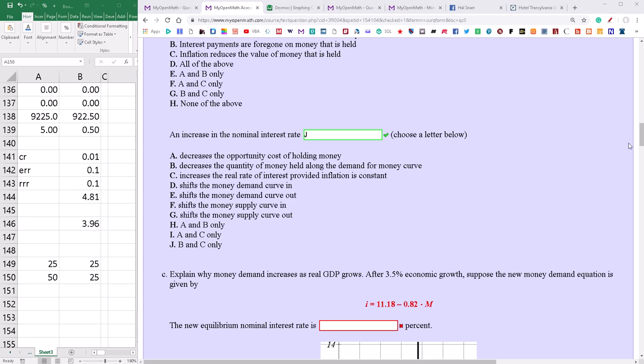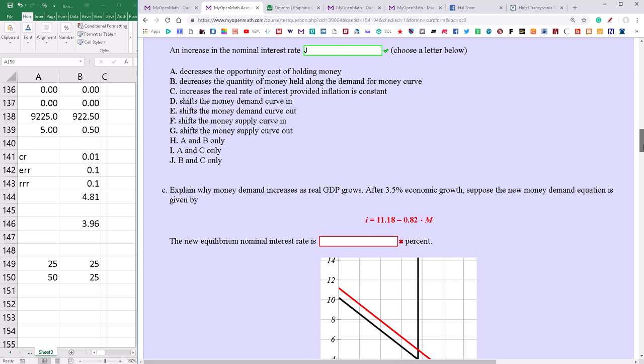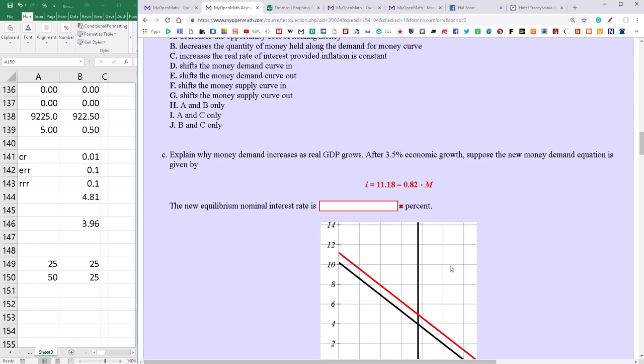Good, this one down here, after 3.5% economic growth, we get a new money demand equation, right? We have a new money demand equation. And it represents an increase in money demand because when you graph it next to the original money demand, it's to the right. So the money demand equation shifts to the right when GDP is growing.